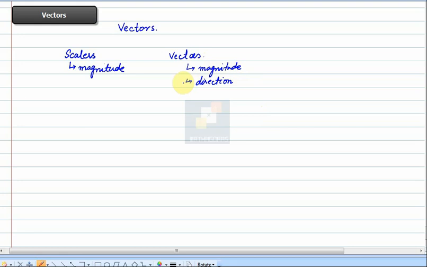Velocity is a vector quantity, right? So for example, displacement and velocity are vector quantities. For scalars we say that mass and speed are scalar quantities. That is a basic introduction of vectors.